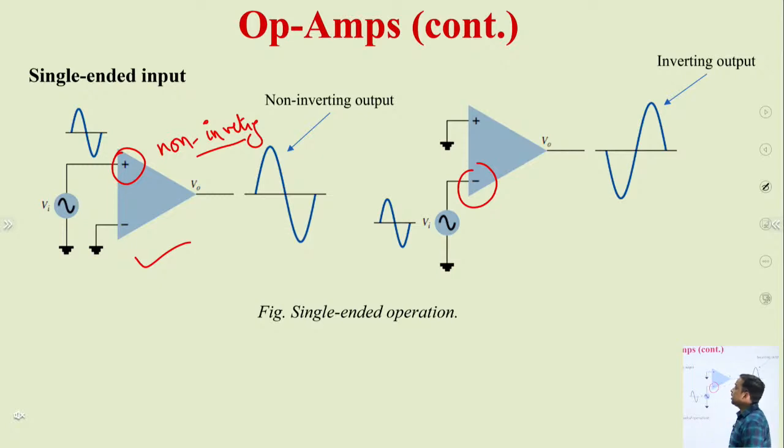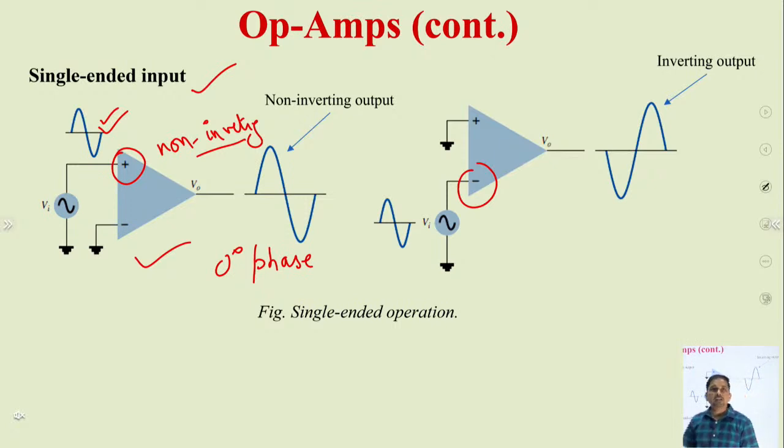So this is called a single-ended input because we are utilizing the single input pin of the operational amplifier. As we can see here, if we are providing some sinusoidal signal at the positive input of the op-amp, the output is also in the same phase. It means there is a 0-degree phase shift between input and output waveforms.